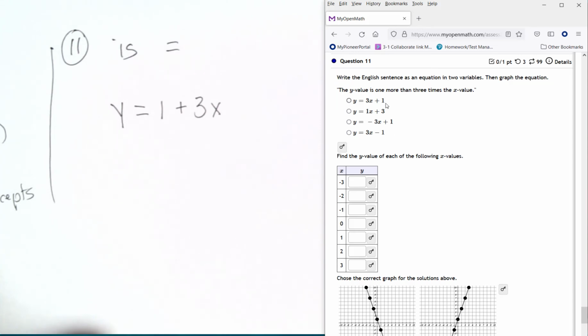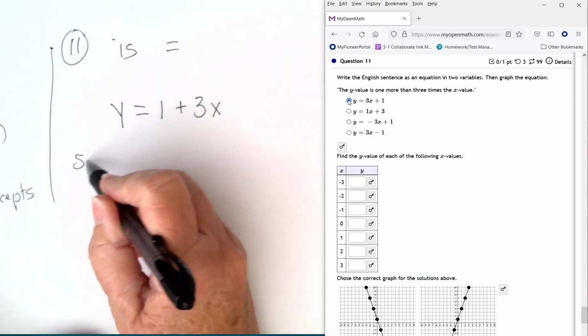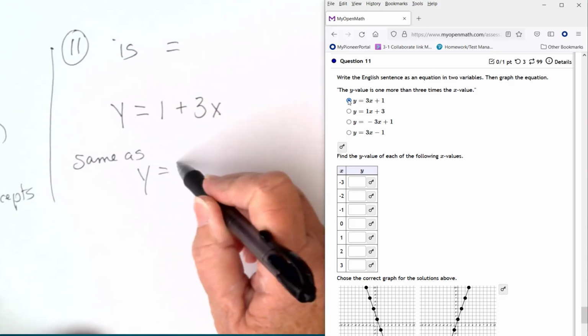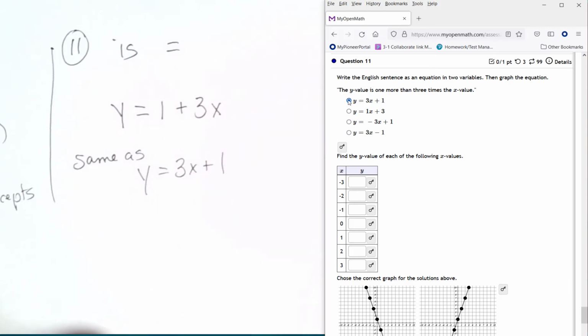It's actually going to be your choice number 1. And addition can switch order. Remember, subtraction can't switch order, but addition can. And so it's this one. If you're looking close, this has the x with the 1. So your choice is going to be the first one. So this is the same as y equals 3x plus 1.